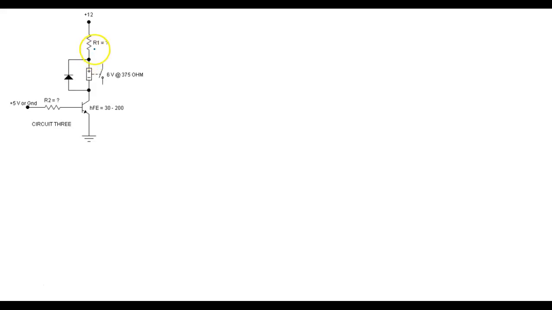So what happens is when we charge the thing, we put plus 12 volts there. Is the diode forward biased or reverse biased? It's reverse biased, so all my current flows through the relay.